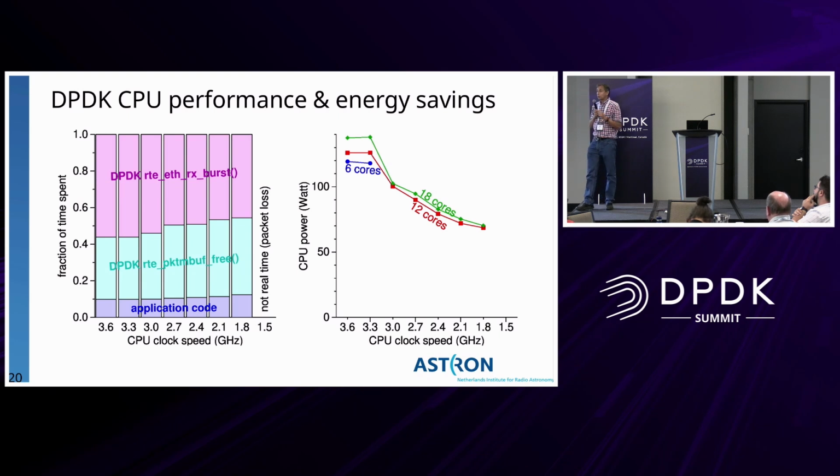But we can also do this with 12 cores. 12 cores does use a bit more power, but when we use 12 cores, we can reduce the clock frequency, and then again we almost halve the power use. We can go down to 1.8 gigahertz, and after that, we will lose real-time performance. We can also try this with 18 cores, but that doesn't help.